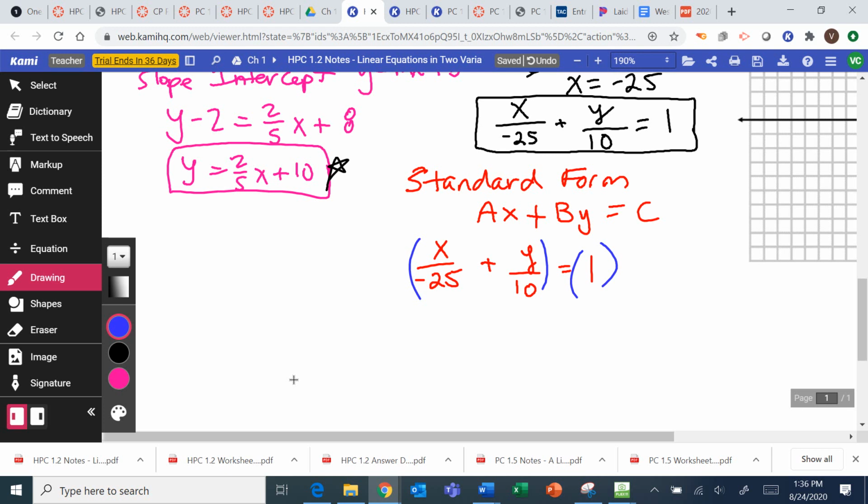All right, who's talking? I can't tell. Oh, is it Madeline? What? Okay, so do you mean I'm going to multiply by negative 25? Do you mean I'm going to multiply by 10? Or am I going to multiply by both of the numbers? Or what do you think?